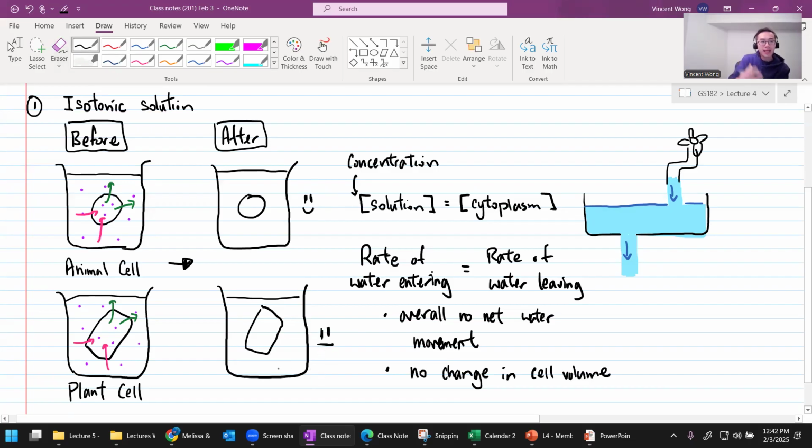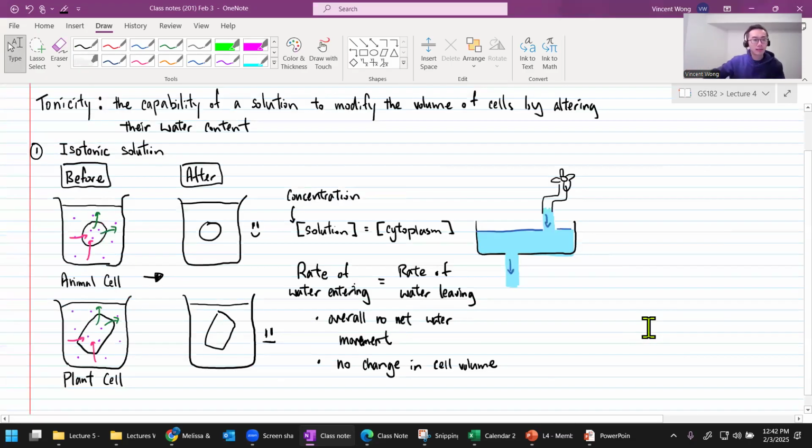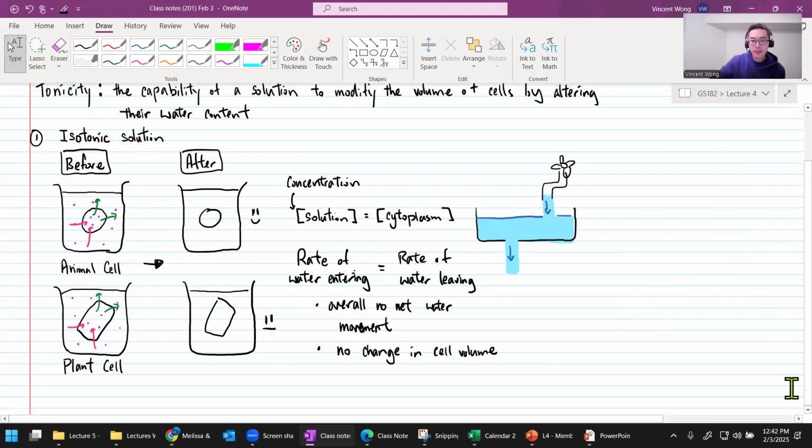So not the best for the plant, but it's tolerable. So that's isotonic. Any questions about isotonic before I teach you the harder two scenarios? This is like the easiest one. All right, moving on.